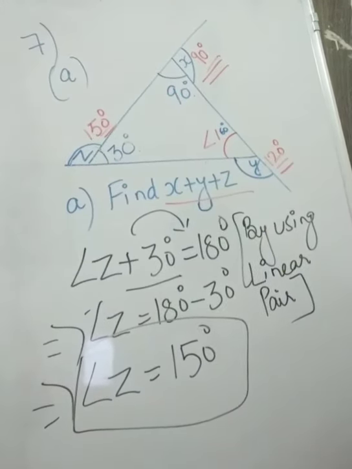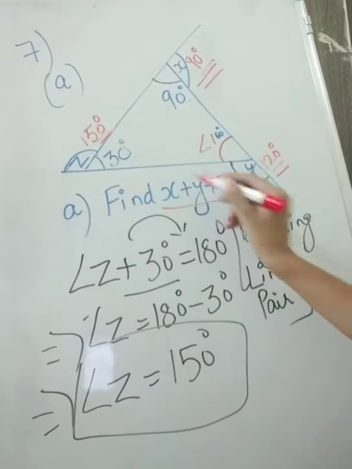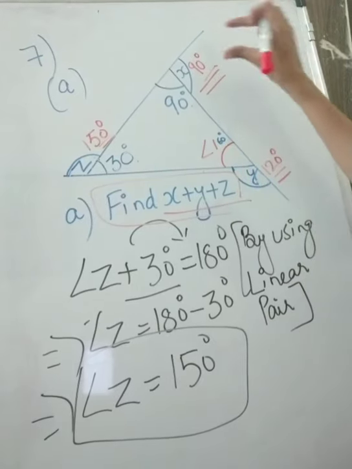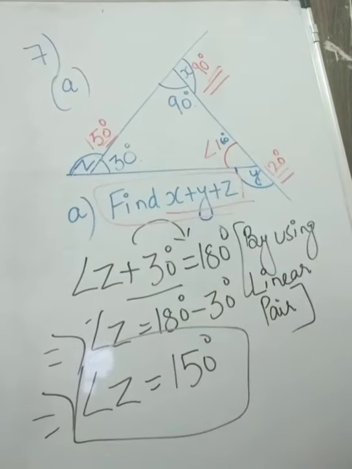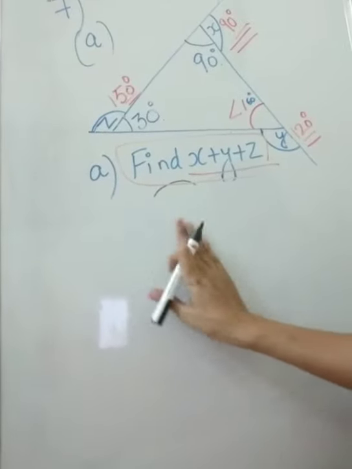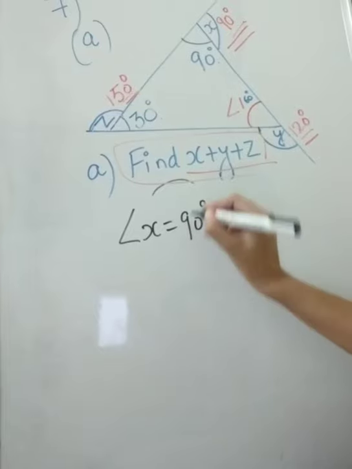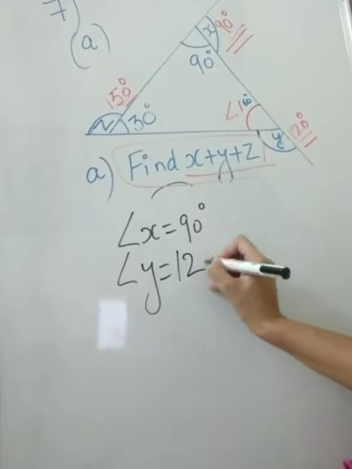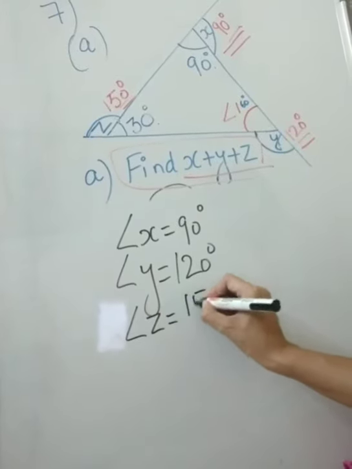Now what do we have to do? We have to add x plus y plus z, because it is given in the question, find x plus y plus z. So we will add the values of x, y and z to get the answer. Okay, firstly I will write the angles. So angle x was 90 degrees, student. Angle y is 120 degree and angle z is 150 degree.